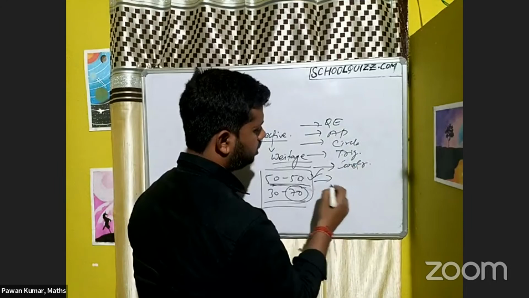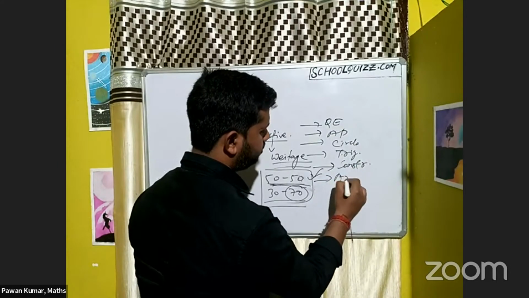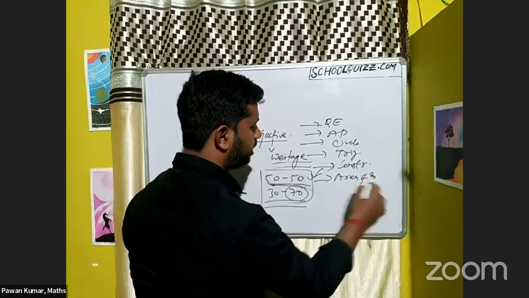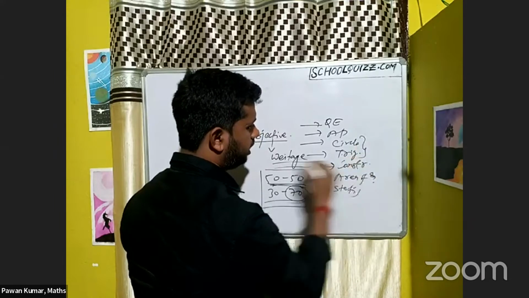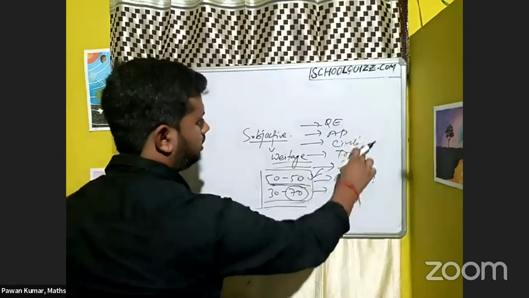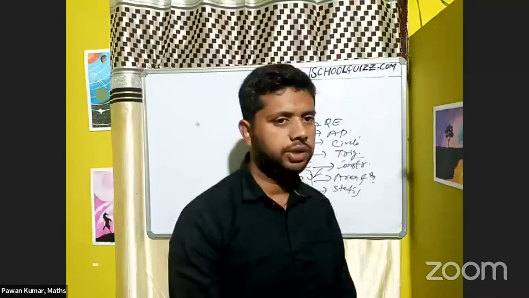Then I think one more is areas and volumes, and then statistics. Correct. Yes, sir. The chapter is circles. Triangles are not there, I think. Applications of trigonometry is there. Okay.